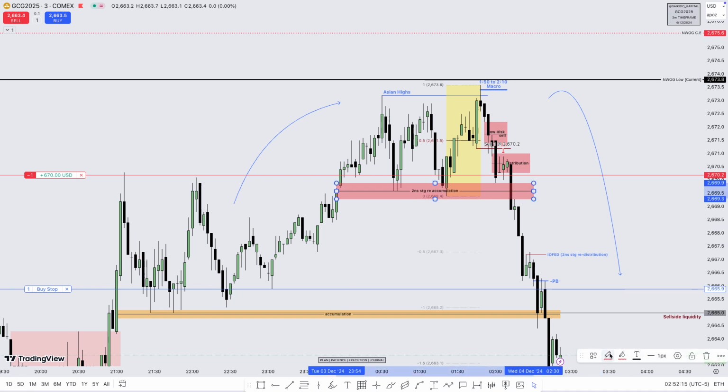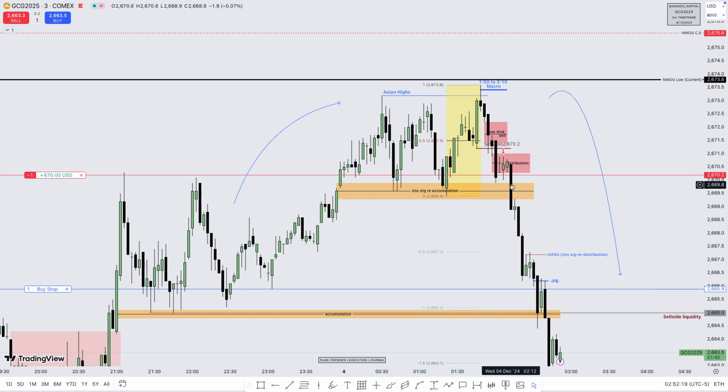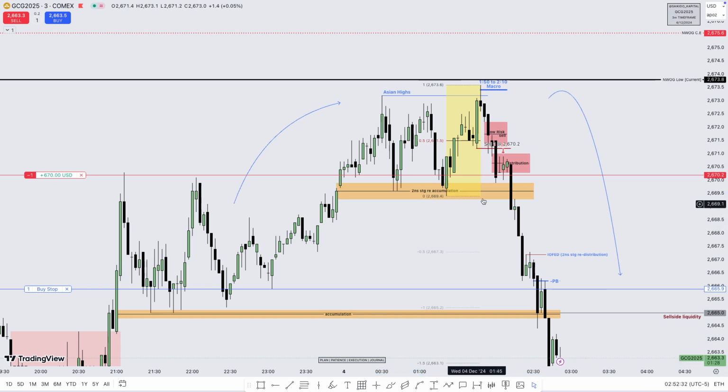It was used as an inversion fair value gap. So this is actually a balanced price range. This range here is balanced because of the fair value gap that you have here on this side. It's a single pass up, and it's also a single pass down when you are on your sell side of the curve.